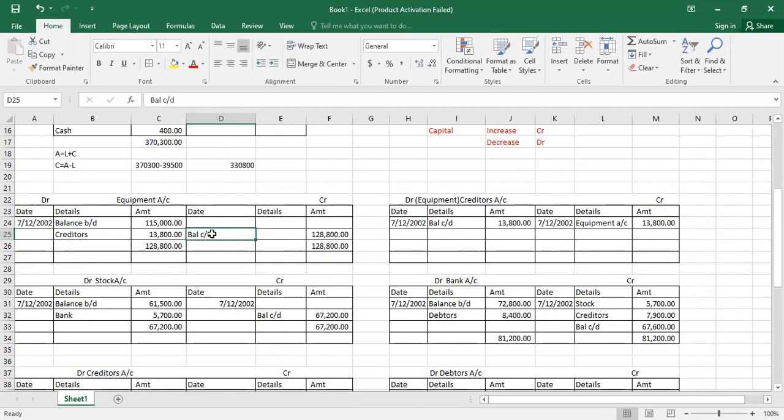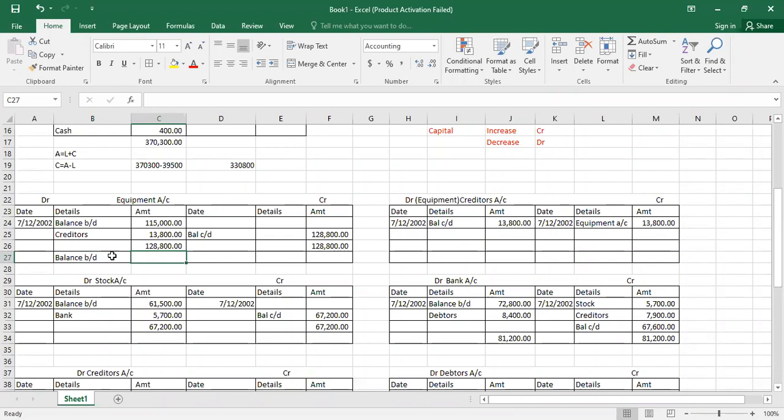Actually, the reason I don't want to confuse you, I can even come here and say balance brought down. You see, this is the balance brought downward. So when I open the subsequent book, I'm going to have this, but we are now closing the accounts.